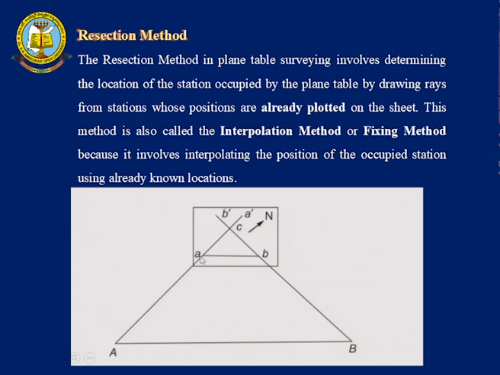Now this is station C, and this is station A and station B. At station C you have already sighted station A and station B, so you know the location of station C. This is called the interpolation method or fixing method. It involves interpolating the position of the occupied station using already known locations. These are the different methods you will find under resection.